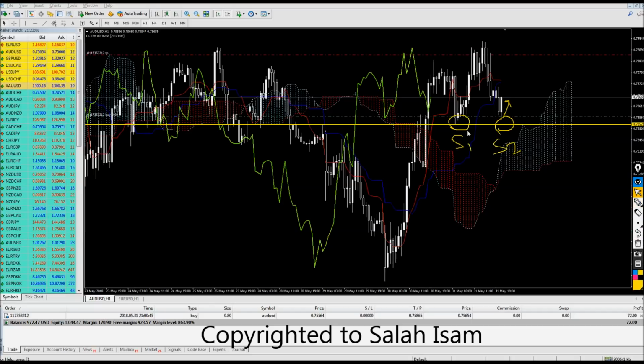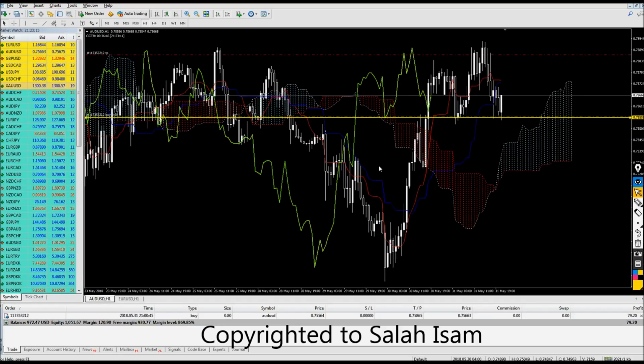So what happened here? You did not use the Ichimoku to know that this is the right way to draw your support line. Seeing this spike here indicated to me that this is the strong support level, so I can actually place a buy here.